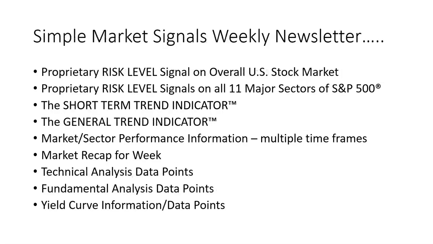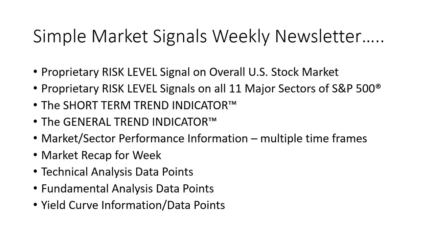We disseminate the information through the Simple Market Signals weekly newsletter. In the weekly newsletter, you will receive the proprietary risk level signal on the overall U.S. stock market. You will also receive the proprietary risk level signal on all 11 major sectors of the S&P 500, the short-term trend indicator signal, and the general trend indicator signal.